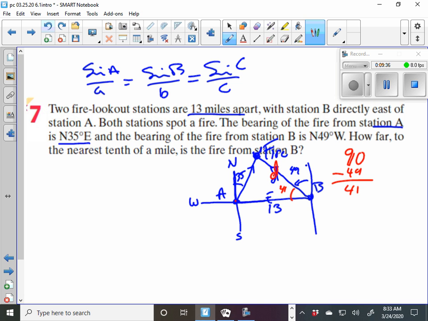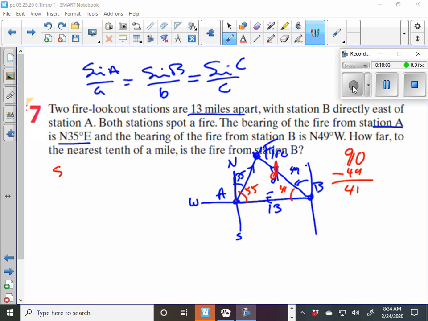Okay, so I now have all kinds of sides. I probably should continue. If this is 35, then this is going to be 55, correct? Let's go ahead and fill in what we know.